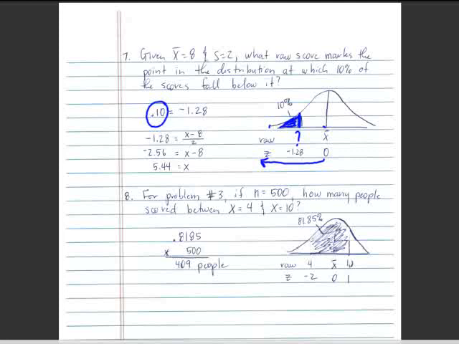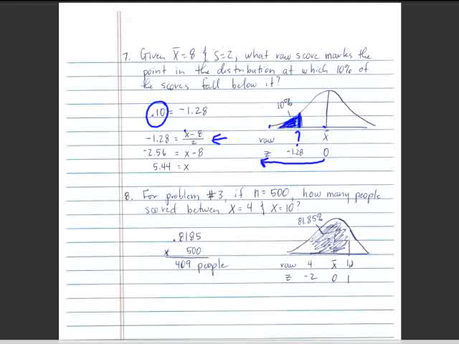So I set my z equal to x, because that's my unknown, minus 8, divided by 2. So minus 1.28 is equal to x, that's my unknown, minus the mean, divided by the standard deviation, which is 2.